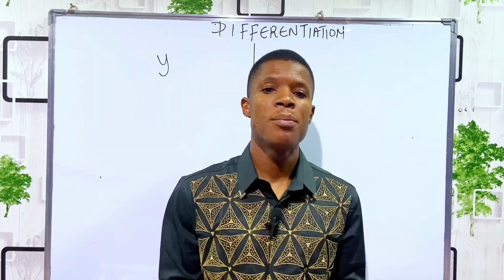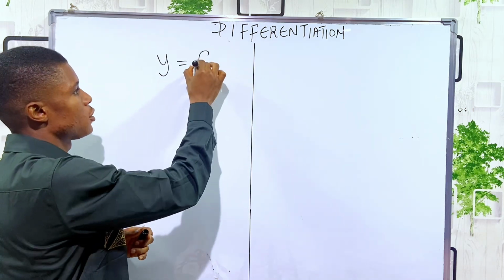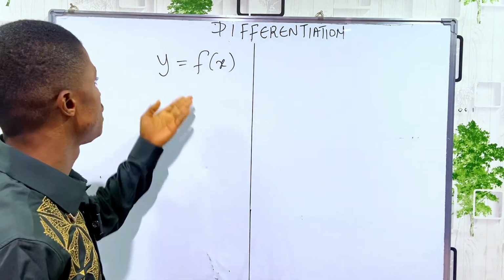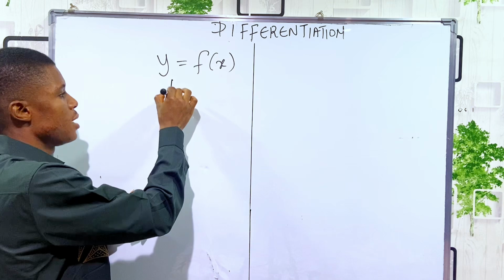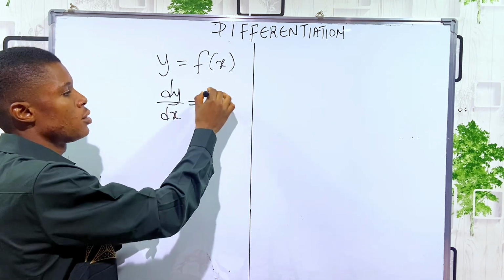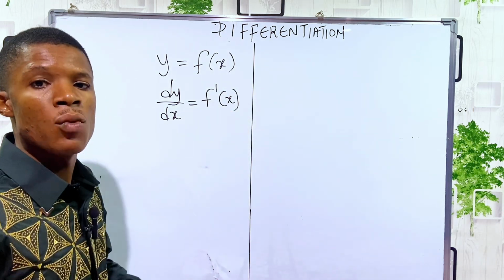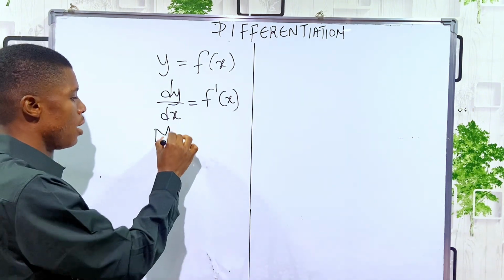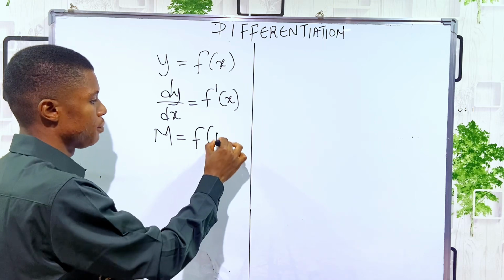For instance, I'm given a variable y expressed as a function of x, then the rate of change of y with respect to x can be written as dy/dx, and it is equal to f prime of x.